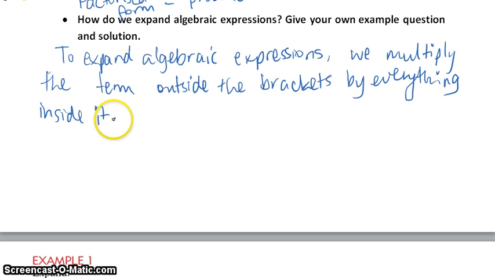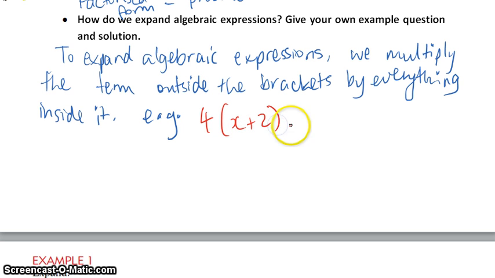For example, here's my example. I don't want you to use my example, I want you to make your own. For example, if I have 4 times x plus 2, well, when I expand that, what happens is I do 4 times x and 4 times 2. 4 times x is 4x, it's a plus sign, and 4 times 2 is 8. Okay, so that's my example. You make up your own.